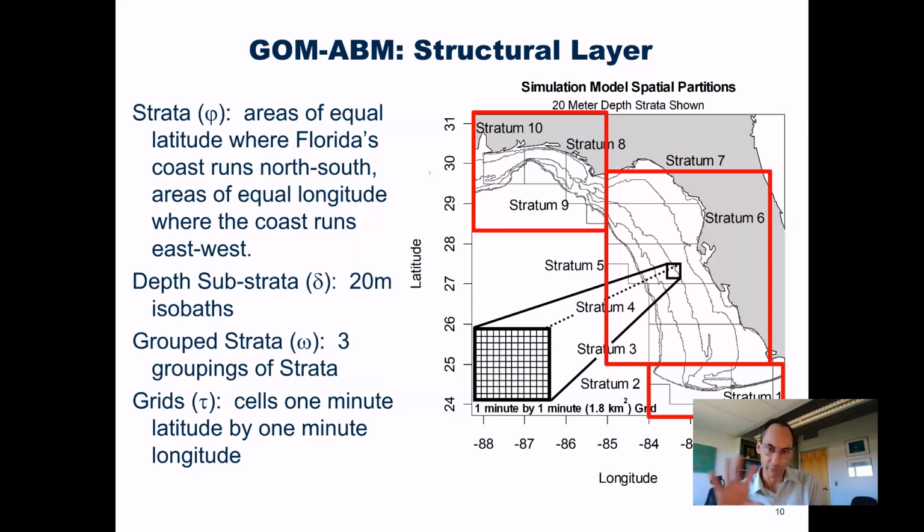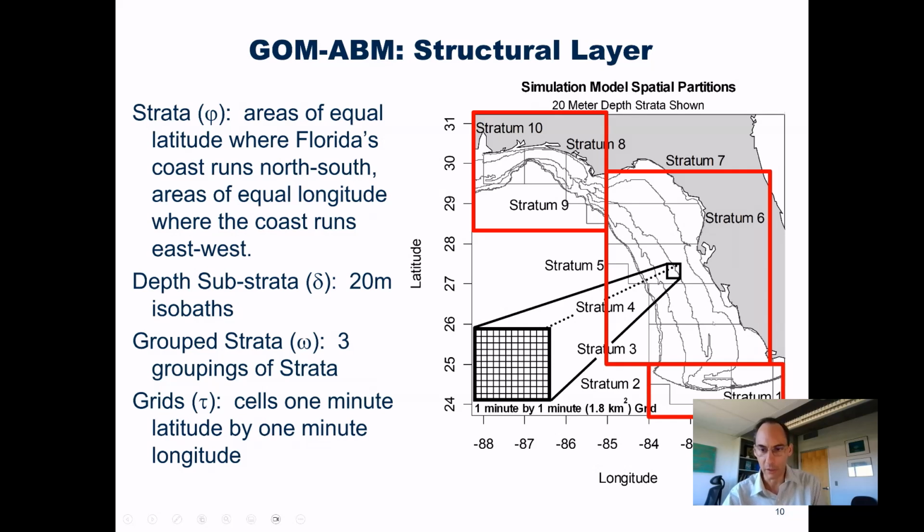Just a bit about the spatial structure. At the finest resolution, there are these grid cells, as you see on the screen, which are about 1 minute by 1 minute latitude and longitude, which equate to about 1.8 square kilometers in this region of the world. Within each grid cell is where the fishing boats and the fish exist and interact.